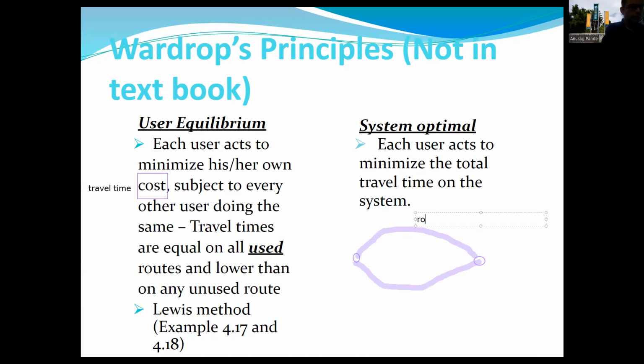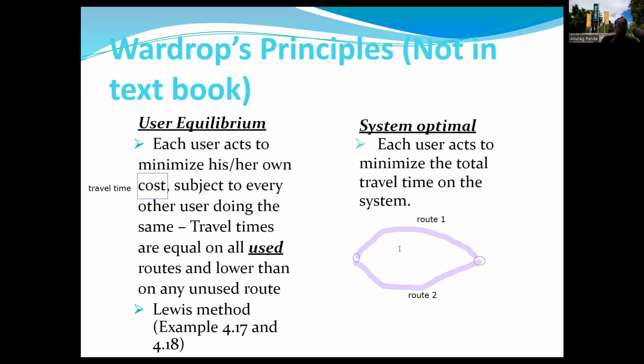This is route 1, and then this is route 2. If I'm talking about user equilibrium, it will happen when the users have no incentive to switch between routes, when the travel time on both routes that are being used is exactly the same.